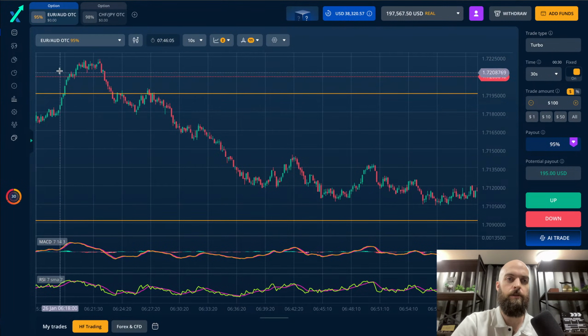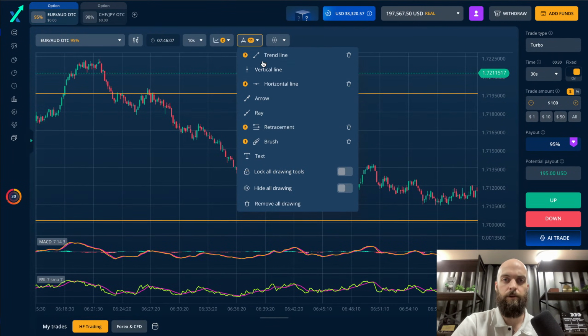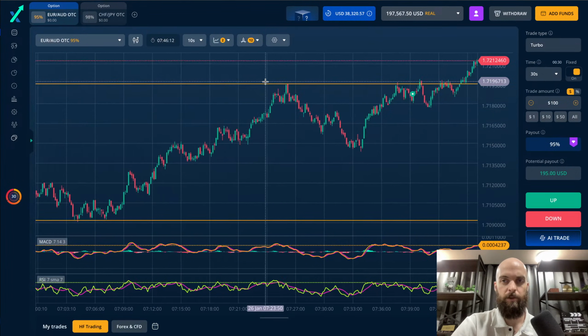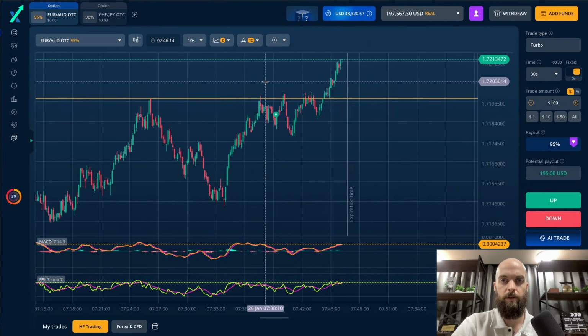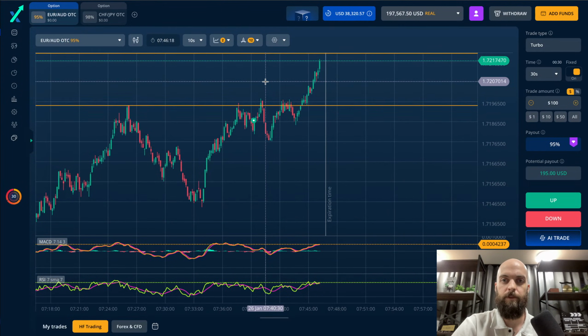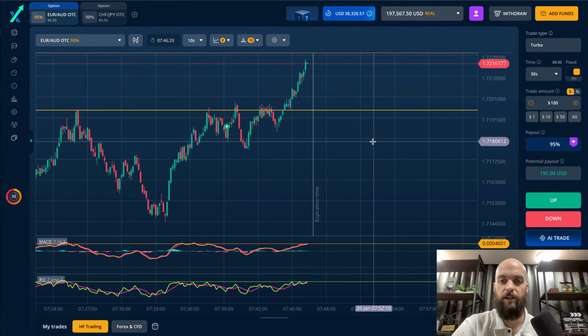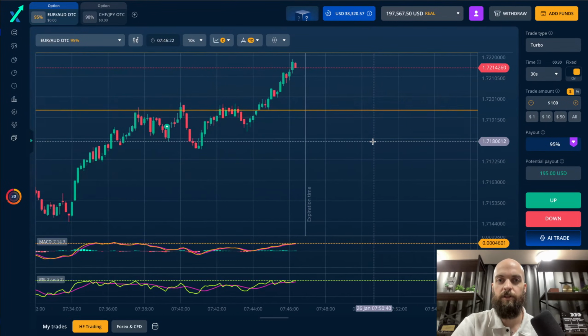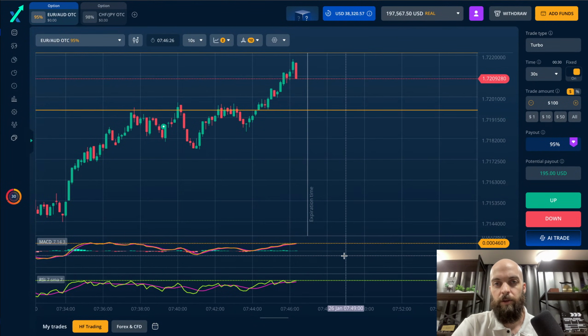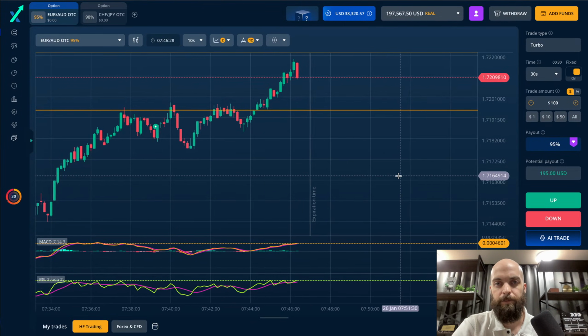Yeah, okay, so this is our zone over here. I'll just draw that in so we can see it. It'll be coming up soon. Look at that, see, it's gonna stretch. We could get the rejection. So as soon as it hits our zone, let's watch for a rejection down here in our oscillators.